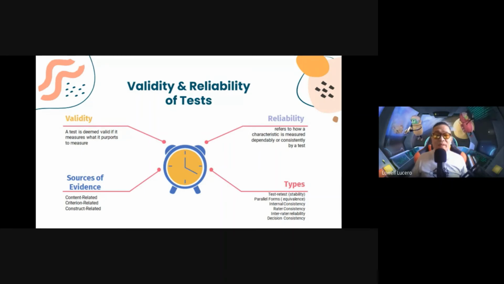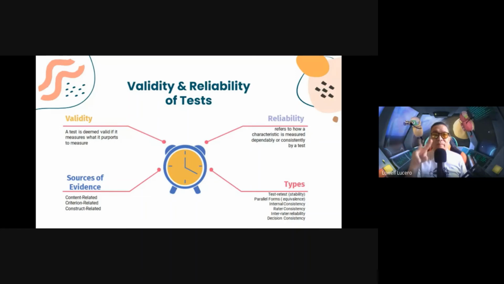For test reliability, we also have different methods that you can use. We have stability. This refers to the test-retest reliability of the test, the same test conducted twice. So it has a time element: time 1, time 2.